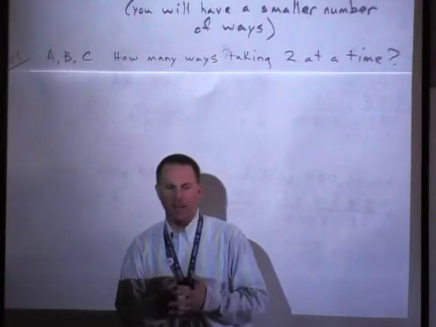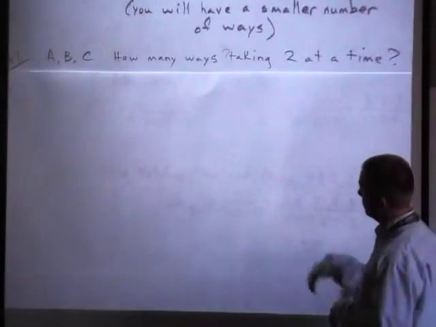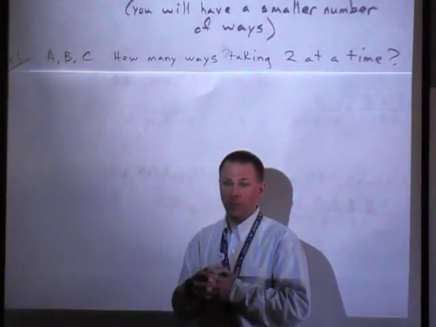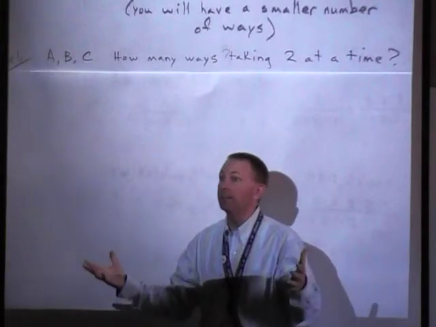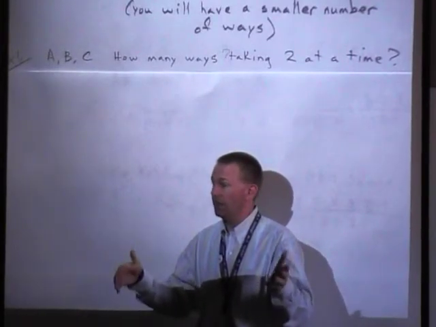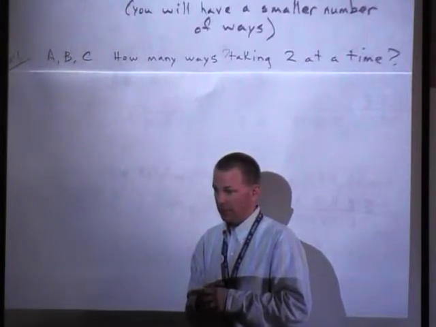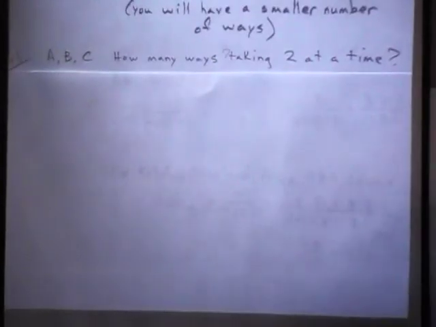What we're saying today is that since AB and BA are the same thing, we're going to have a smaller amount. Yesterday you came up with 6 for your total. Today you're going to have less than that, because the order is not important at this point.